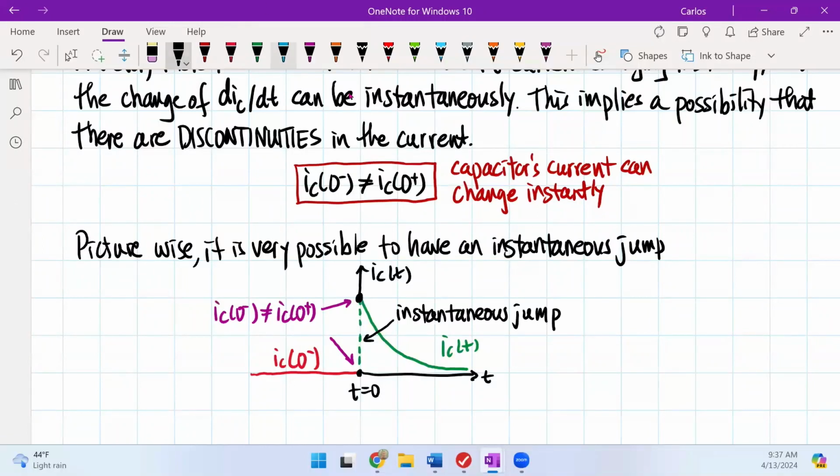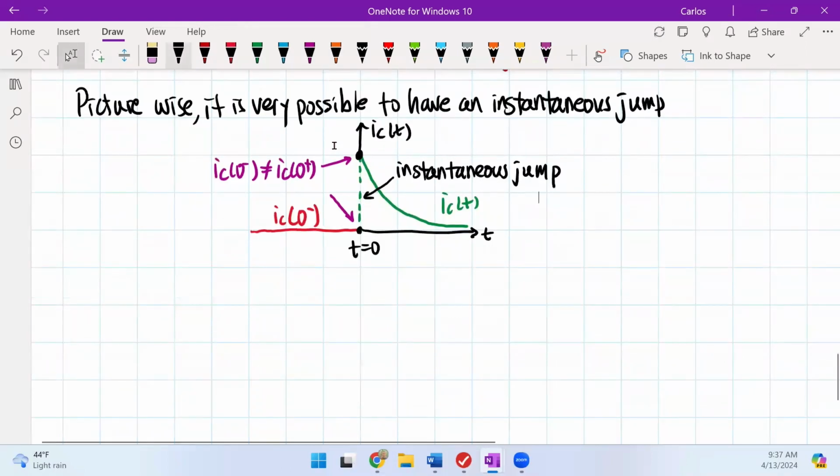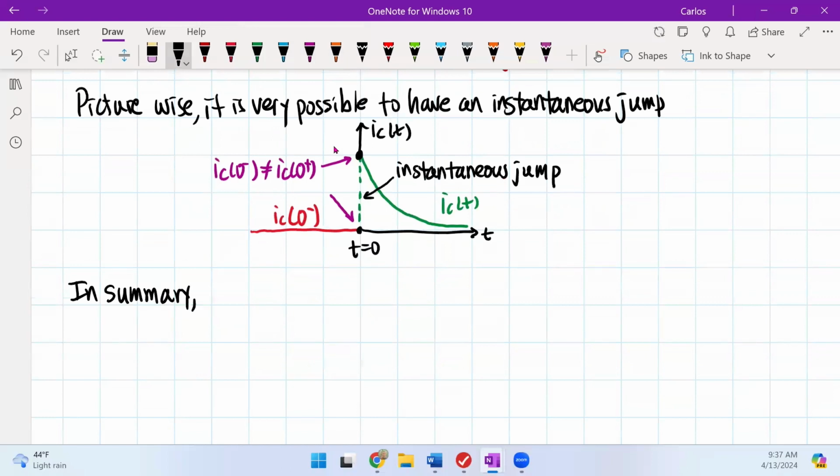So in summary, the voltage of the capacitor cannot change instantly, but the current of the capacitor most likely will change instantaneously.